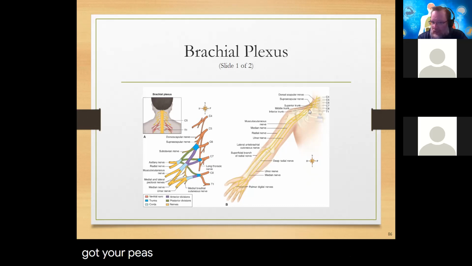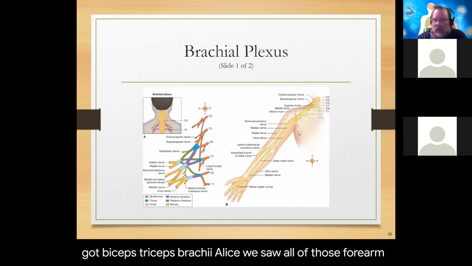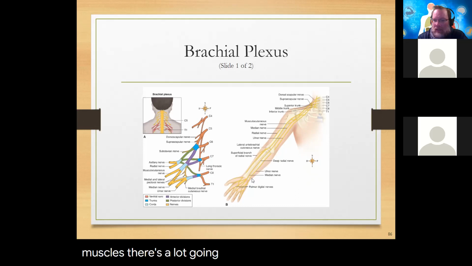Okay, so there's a lot of musculature as well, right? We've got trapezius here. We've got the deltoid, pectoralis. We've got biceps, triceps, brachialis. We saw all of those forearm muscles. Hey, there's a lot going on. We see the clavicle, scapula, ribs. Man, and then all of the musculature around there.